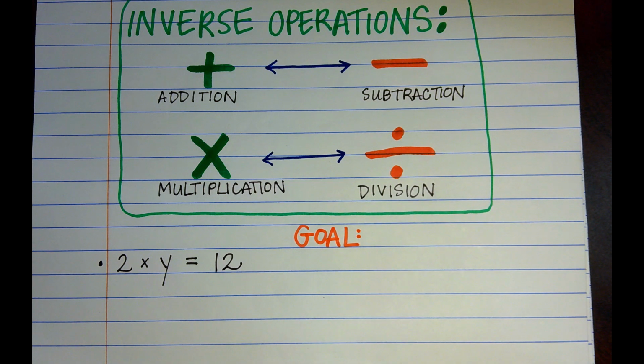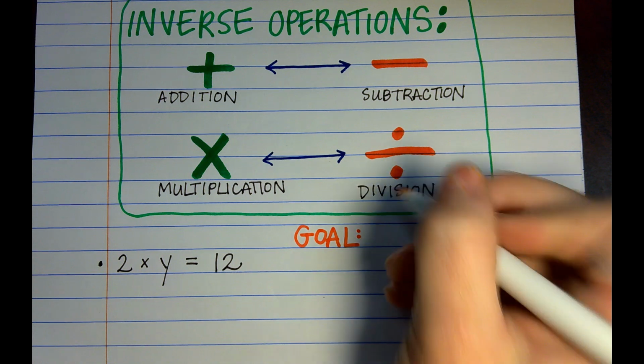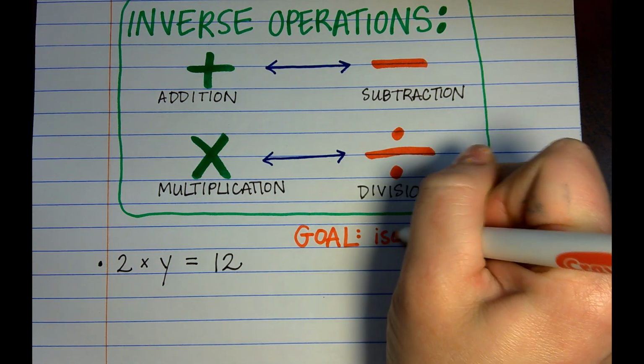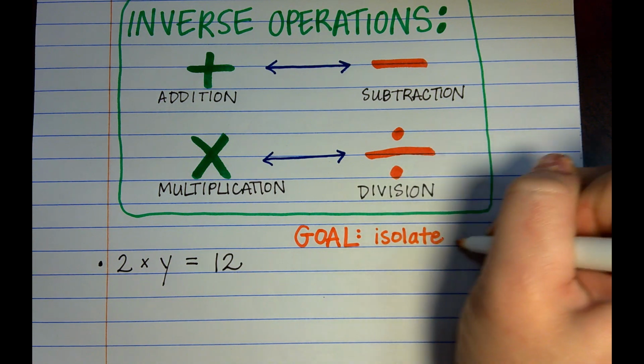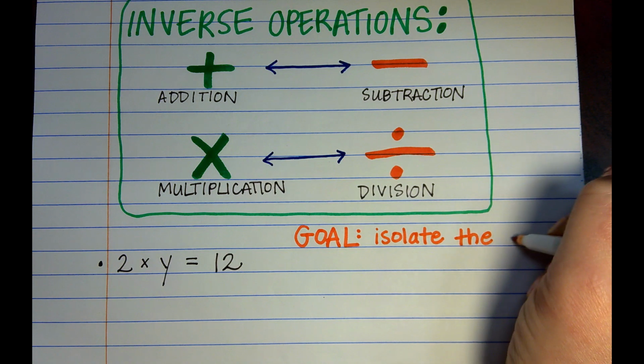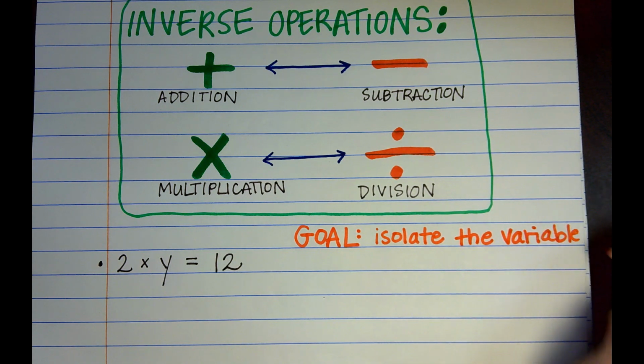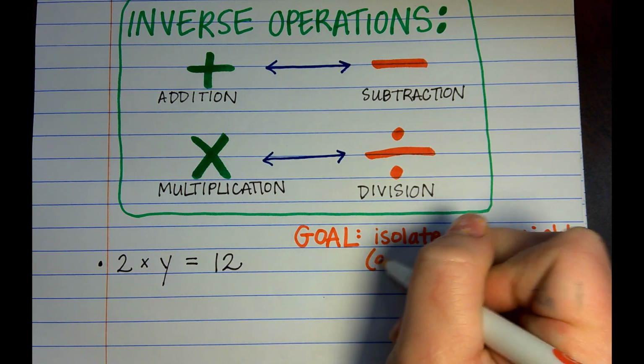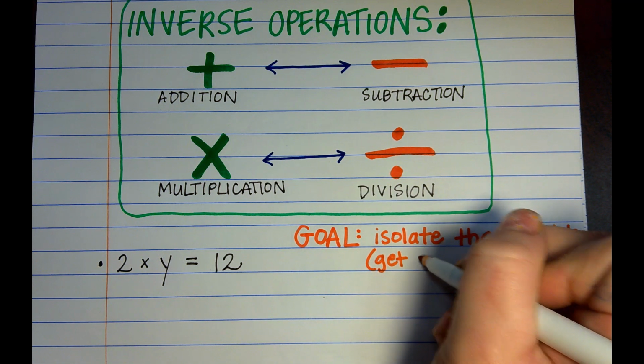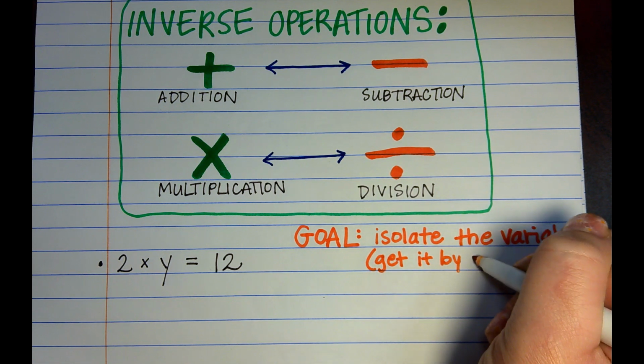We want to isolate the variable. That means we want to get it all alone.